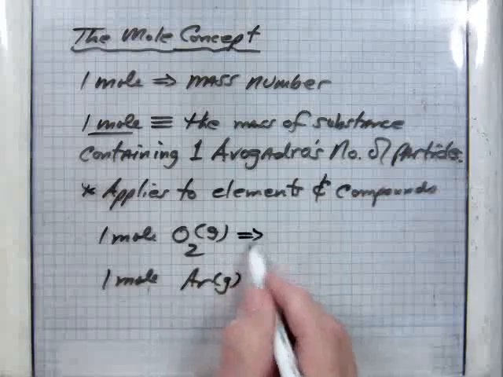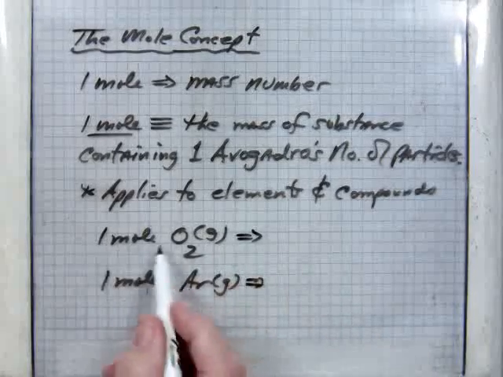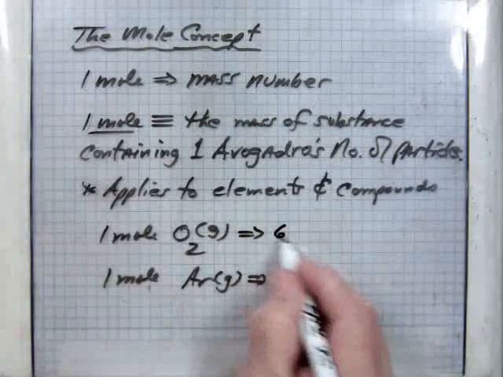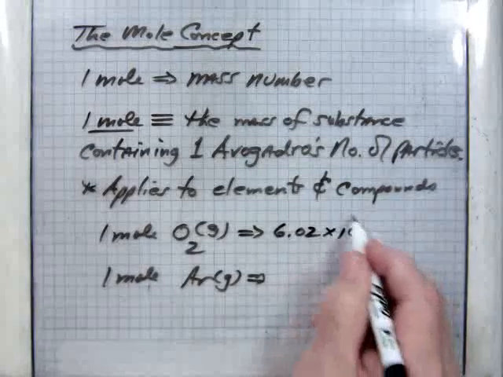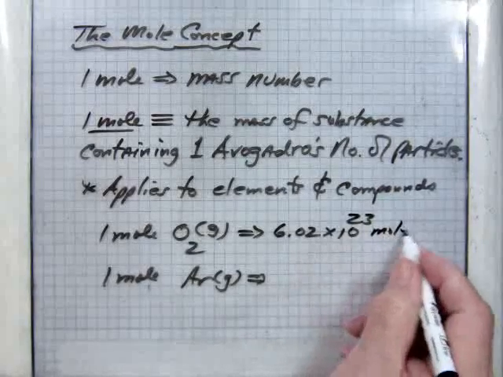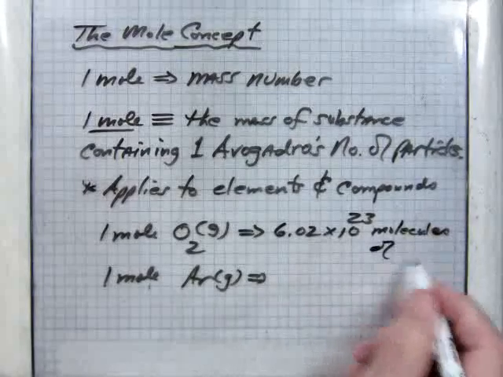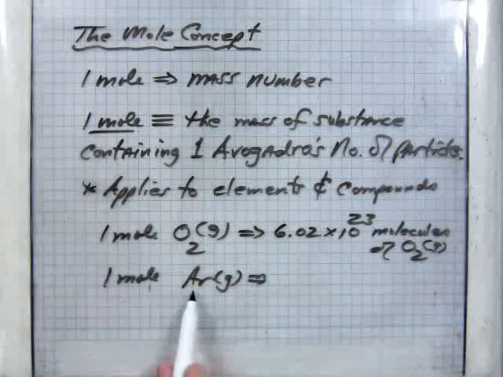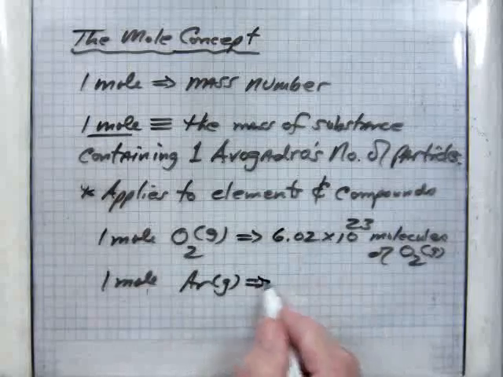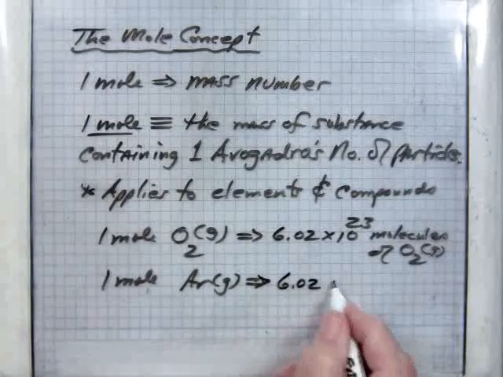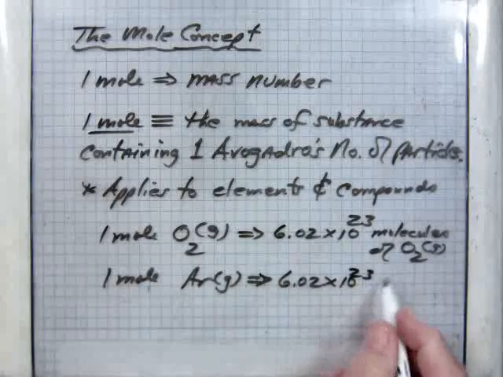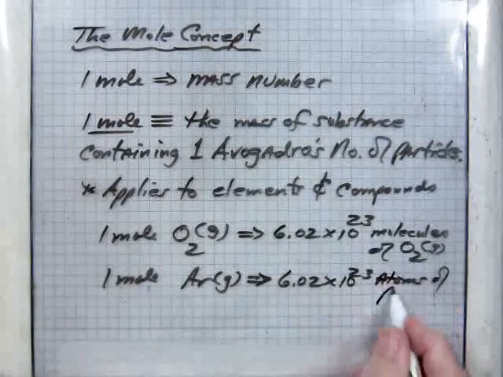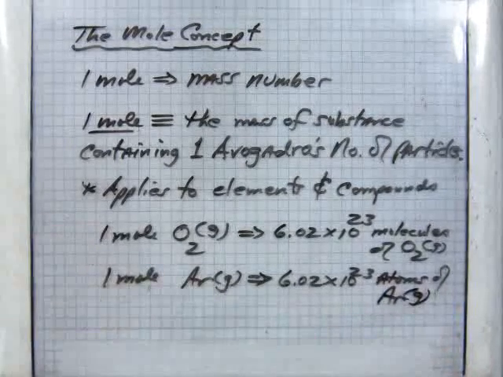And what it means is 1 mole of O2, if I had it in my hand or in a bottle, would be 6.02 times 10 to the 23rd molecules of O2 gas. If I'm talking about 1 mole of argon gas, then we would be speaking of 6.02 times 10 to the 23rd atoms of argon gas, to give you an example.